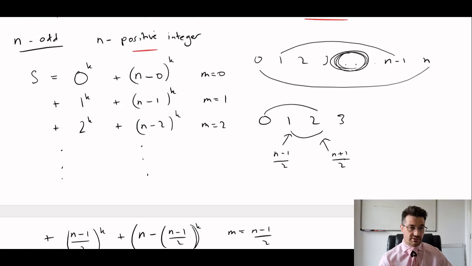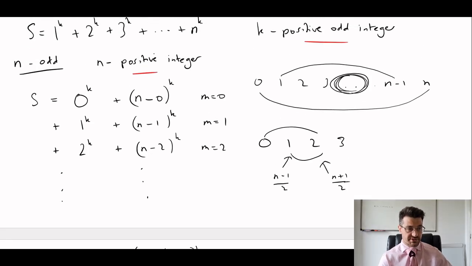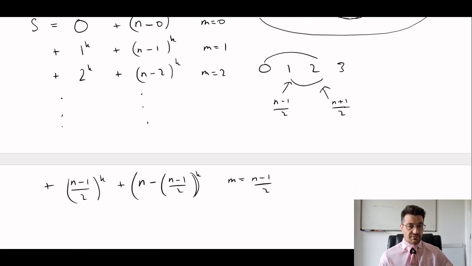So for each of these pairs of numbers, 0 to the power of k plus n minus 0 to the power of k is of the form: k is a positive odd integer, n is a positive integer, and m is a non-negative integer. 1 to the power of k plus n minus 1 to the power of k, k is a positive odd integer, n is a positive integer, m is a non-negative integer. Each of these pairs of numbers is of the right form then.